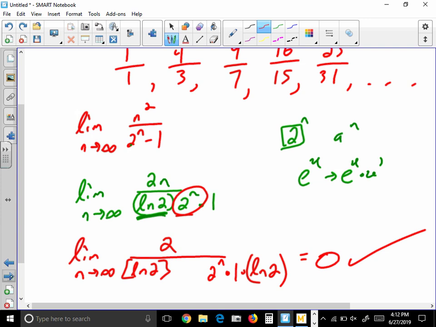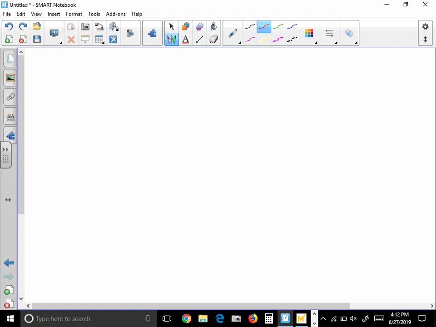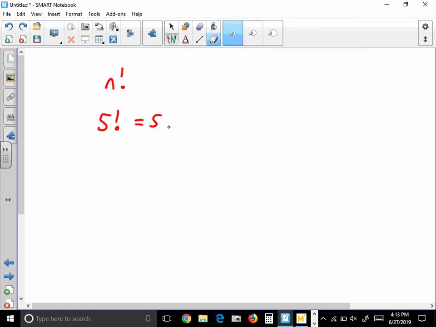All right. Let's see. Let's remind ourselves of what this notation means. There will be some sequences involving factorials, and what a factorial means is we take that number and multiply it times all integers between that number and 1.